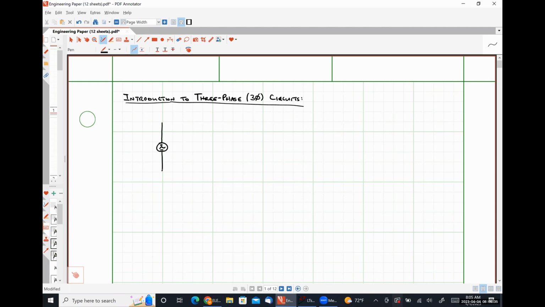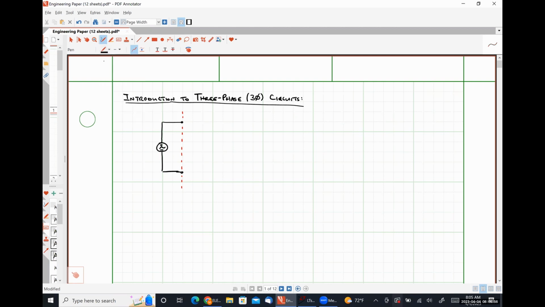But in a single phase circuit, we have a voltage source. So I'm going to put a little line like this. We're separating the different parts of our system.